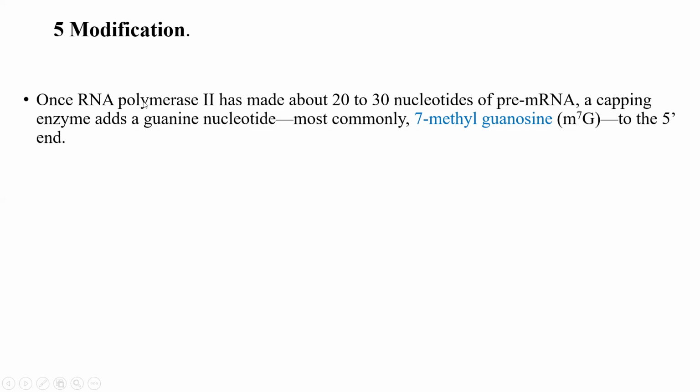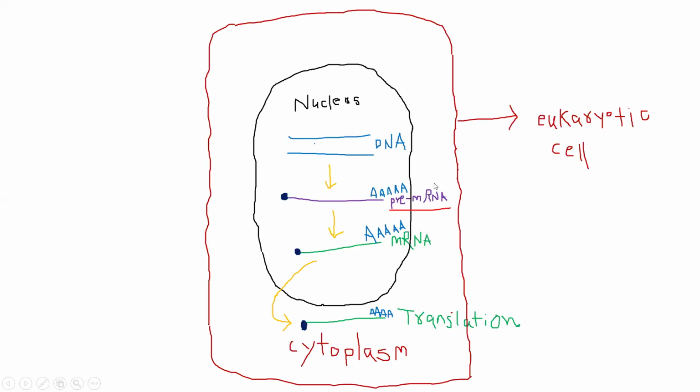As we spoke about, when RNA pol 2 has made 20 to 30 nucleotides of pre-mRNA, a capping enzyme adds a guanine nucleotide. So this cap is basically a guanine nucleotide, a guanosine, and this cap is not added after this pre-mRNA is completely made. This cap is added when 25 to 30 nucleotides of pre-mRNA are made.